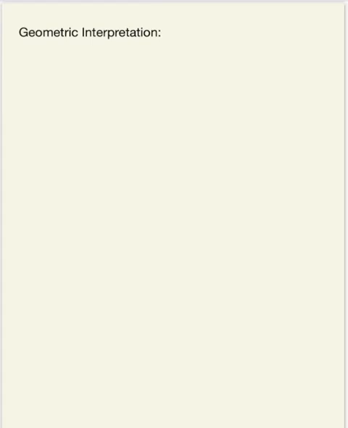We're going to draw the surface, and I'm going to show you what the partial derivatives geometrically represent. First, suppose we are dealing with a function of two variables, because a function of three variables is much harder to graphically represent.